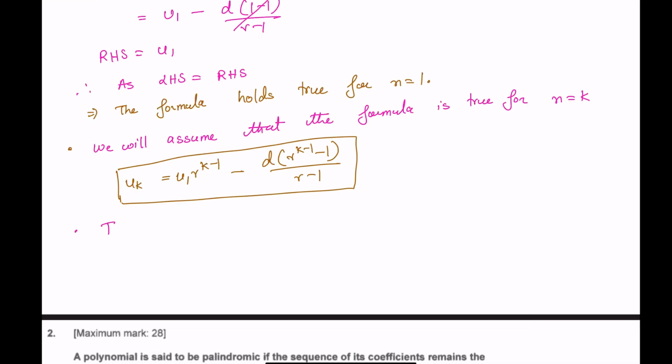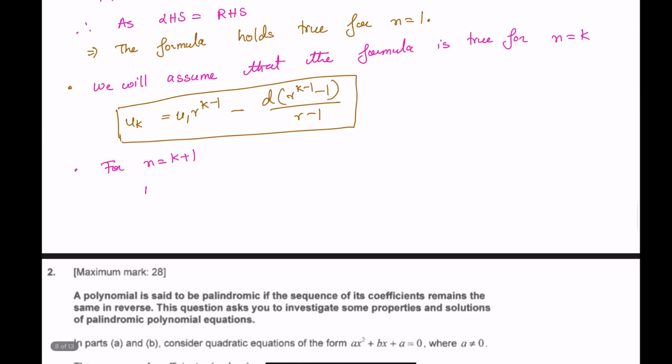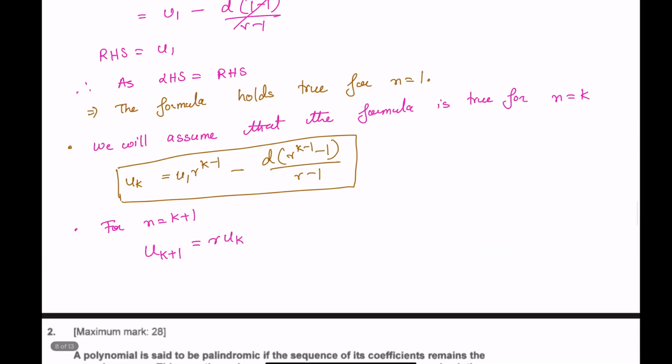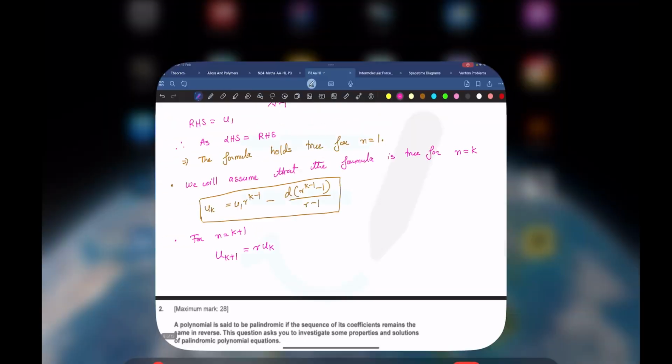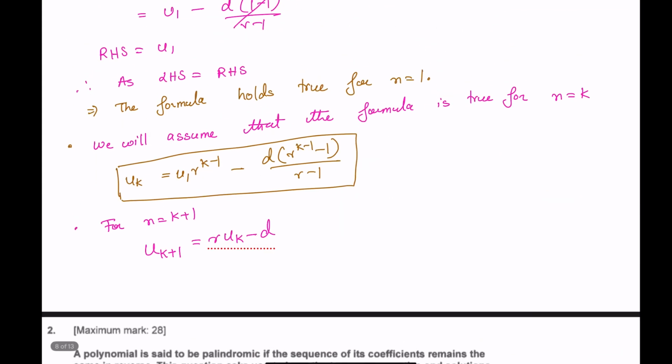Now for the last one, for n equals k plus 1. It's a little bit tricky here. We have this expression here. If I put n equals k, I'll get an expression for uk plus 1, which is r uk minus d. This is the expression which we got from here.